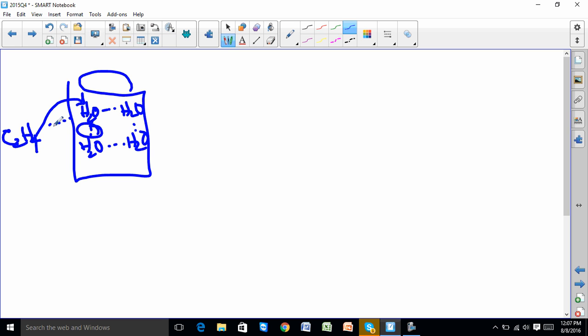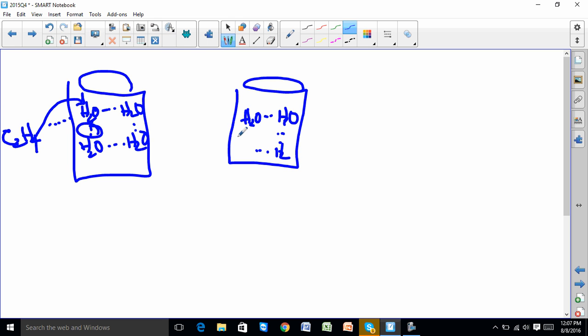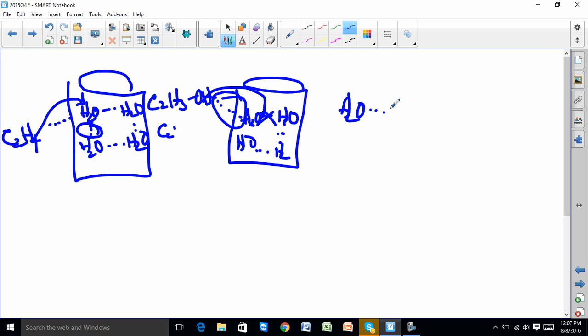This is so much stronger than this that this doesn't happen. But then in the second case, when you have water and you introduce C2H5OH, well, this force right here is strong, almost as strong as this. So it is in some cases strong enough to disrupt this. And then you'll get this kind of interaction going on too. And that's what happens when something dissolves.